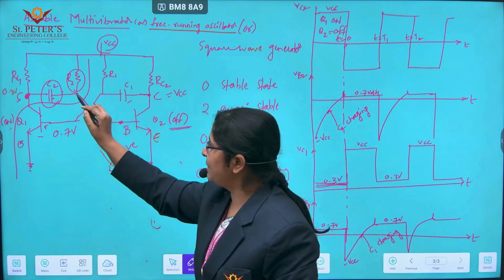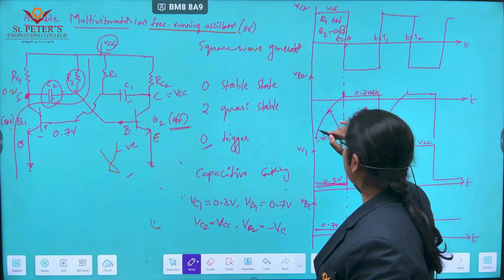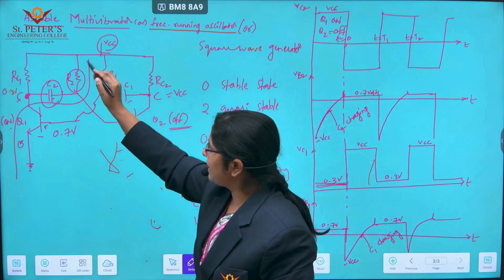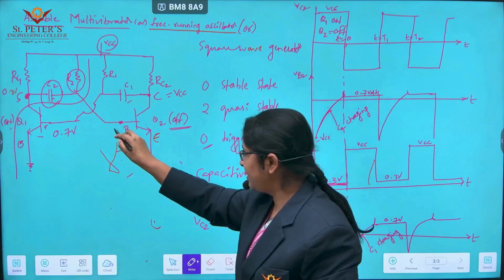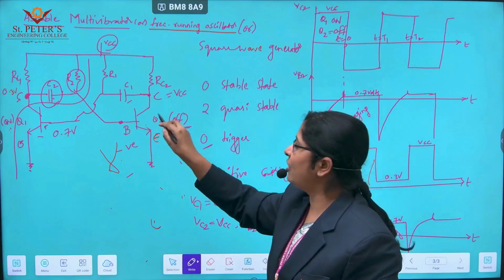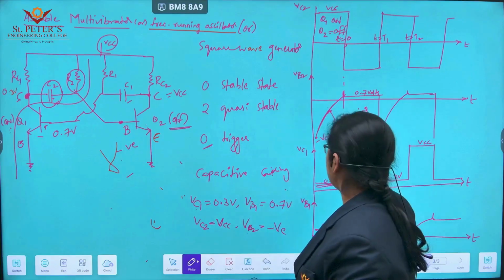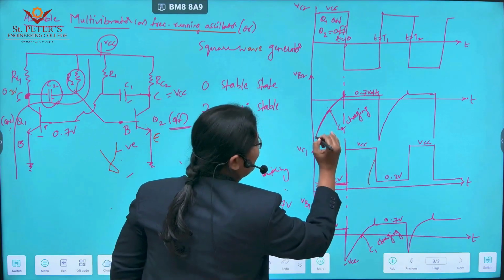Because of this cross-coupled connection, when your capacitor C2 is charging towards VCC, that particular point is connected with the base terminal of Q2. So your capacitor starts charging in this manner.